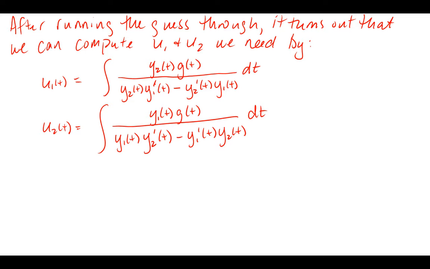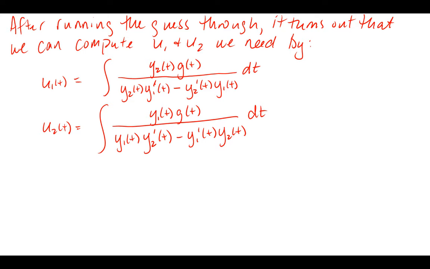All right, so u1 and u2, in order to determine who those mystery helpers need to be, well, it's these. So you just have to do two integrals, one for each, in order to compute the appropriate u1 and u2.